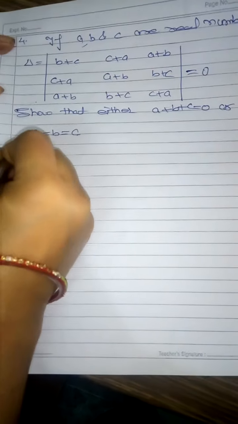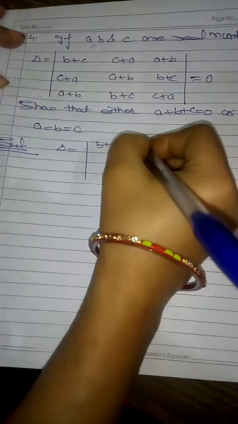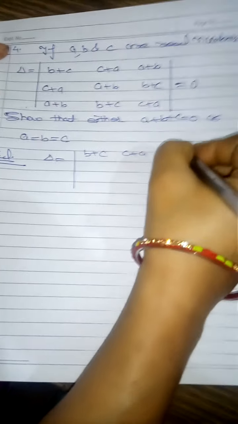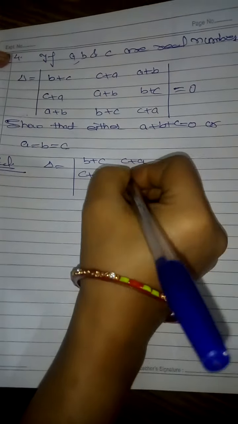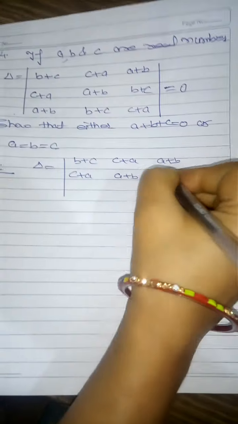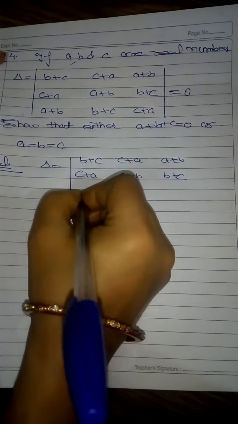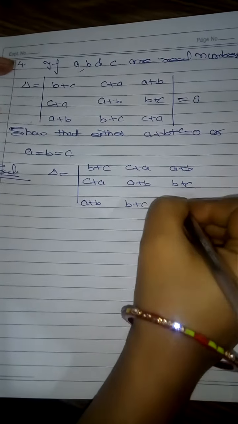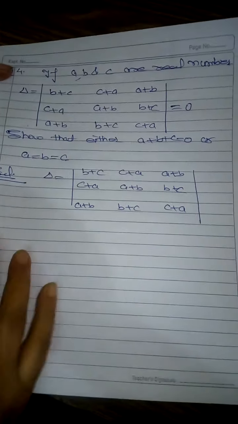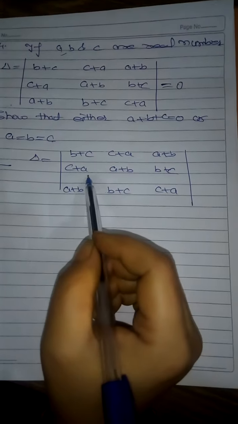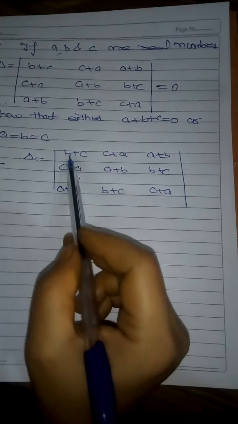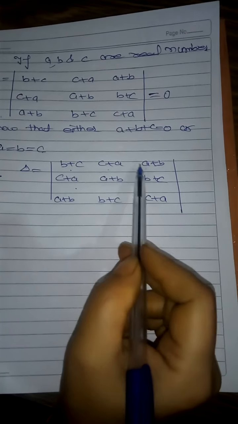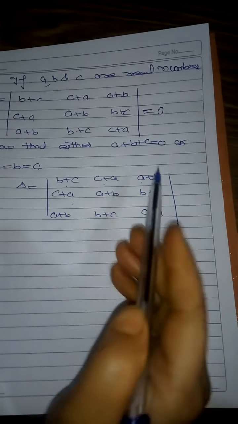Now let us start. First of all, in the solution, write this determinant. The determinant is B plus C, C plus A, A plus B, C plus A, A plus B, B plus C, A plus B, B plus C, C plus A. Now if we apply the operation, if we add C1, C2, C3, then it will come 2A, 2B, 2C.